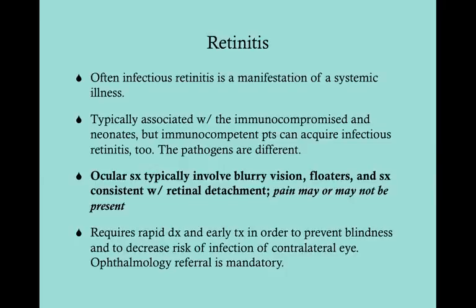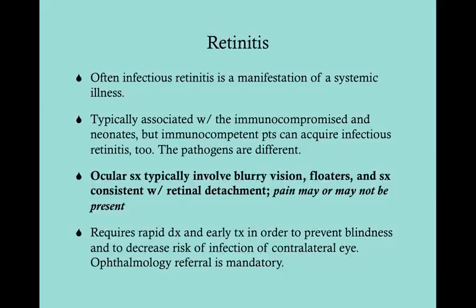Now that can be things like cryptococcus, which can cause meningitis, it causes fever, and then can also cause the retinitis. It can be things like TB, which causes pulmonary symptoms and fever, and then can cause the retinitis, or it can be related to Candida, etc. But a lot of times with these pathogens, they cause other things besides just the retinitis.